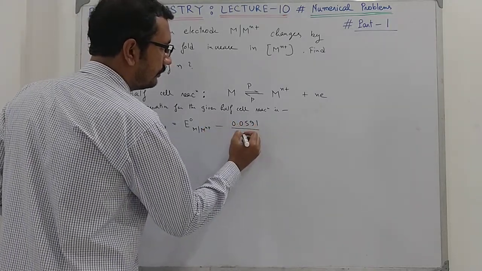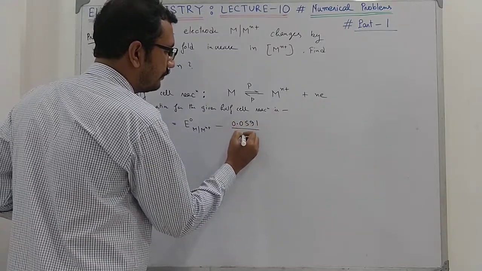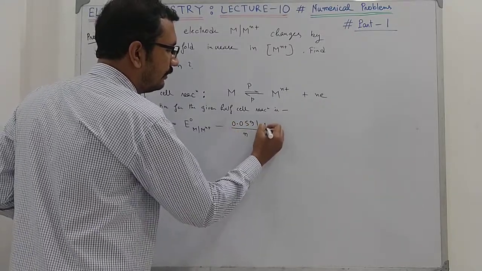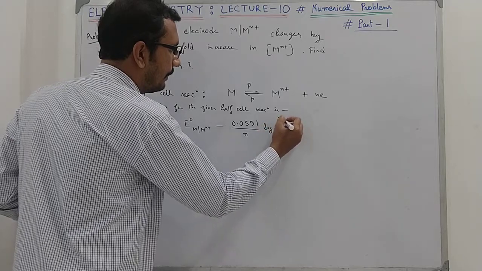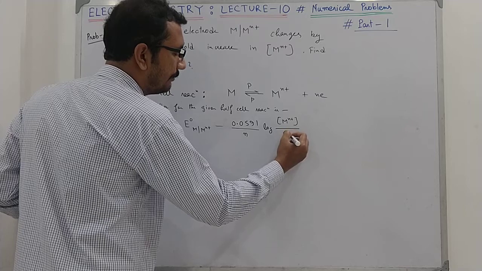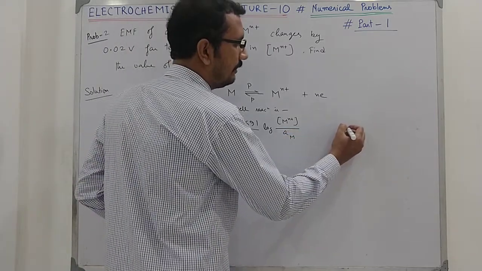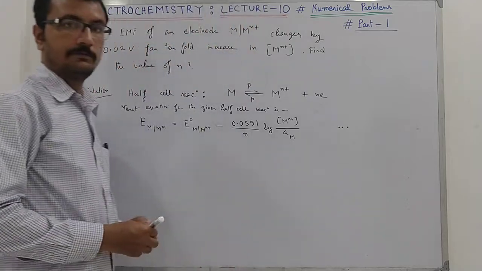0.0591 by n, since there are n number of electrons getting transferred, and it is log Mn+ by aM, which will be 1. Now see what you have to write here.